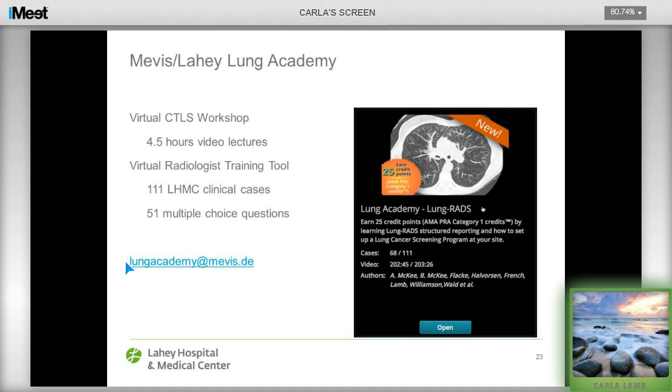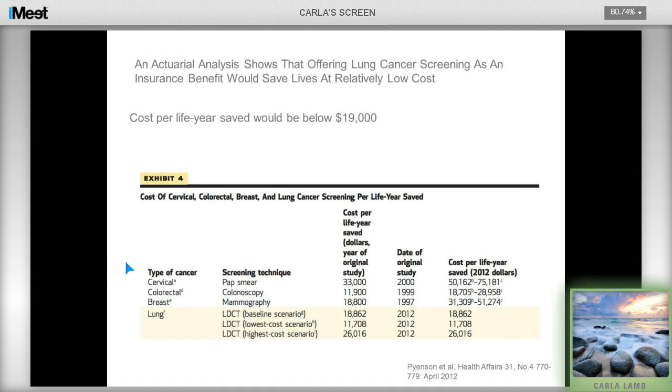It does take some degree of training over time. I put the website here so it can be referenced, and this is something our radiologist at Lahey came up with and created. But the feedback has been that it's a useful tool for those who are looking to buff up their skills. It can be used by anyone, but it's just something for you all to have and see.